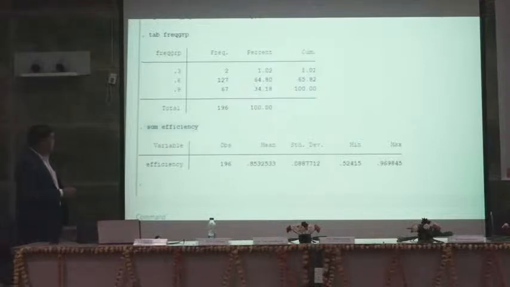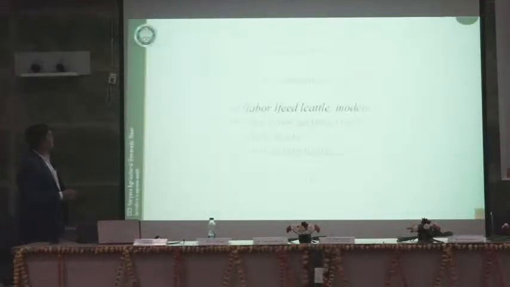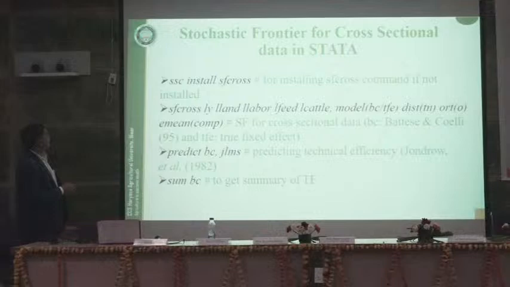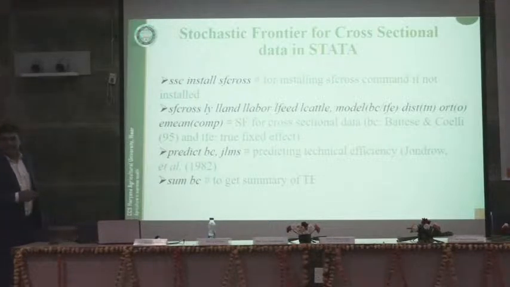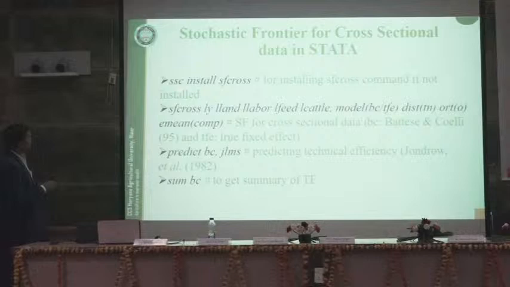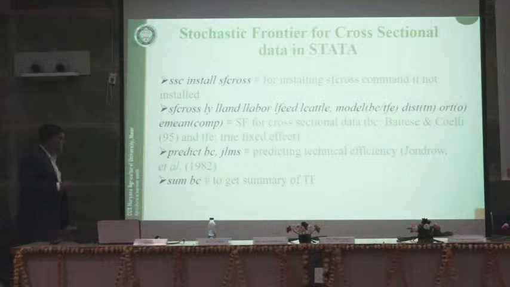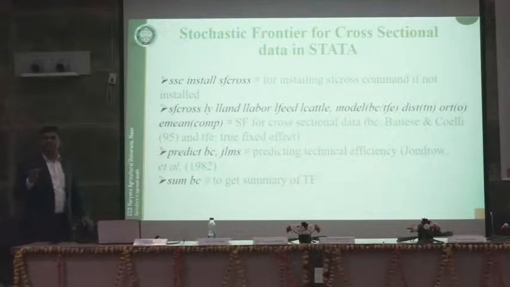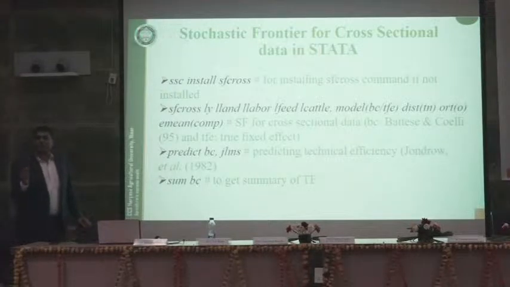Okay. And this is another code for inefficiency. This is the SF command, sfpanel, for cross sectional data. Here you can use the inefficiency, the reason of inefficiency, which causes the inefficiency term. Okay.